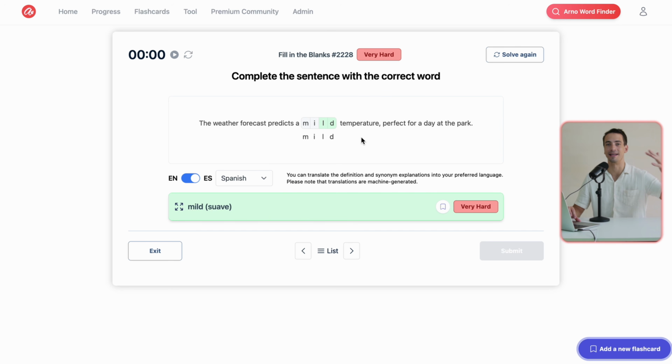We never say a medium temperature. So this clue made it clear that the word I was looking for was mild, in addition to, of course, the beginning MI, and then there's only two missing letters, so it was easy for me to identify that the incomplete word would be mild.